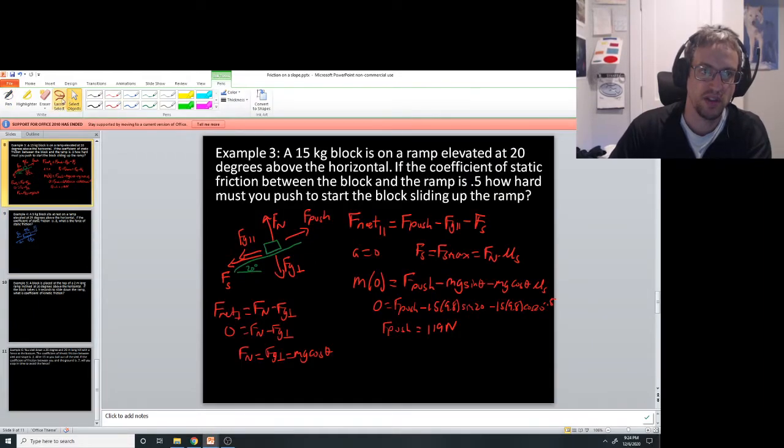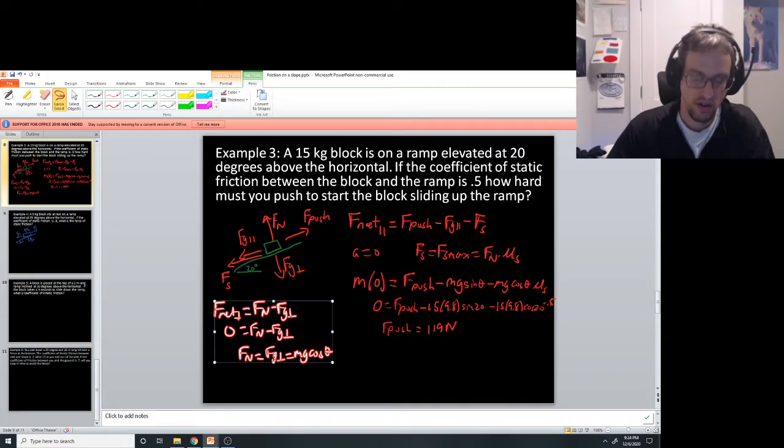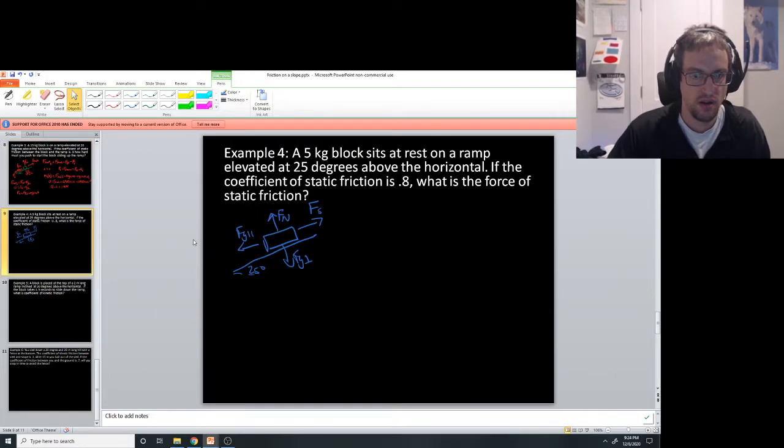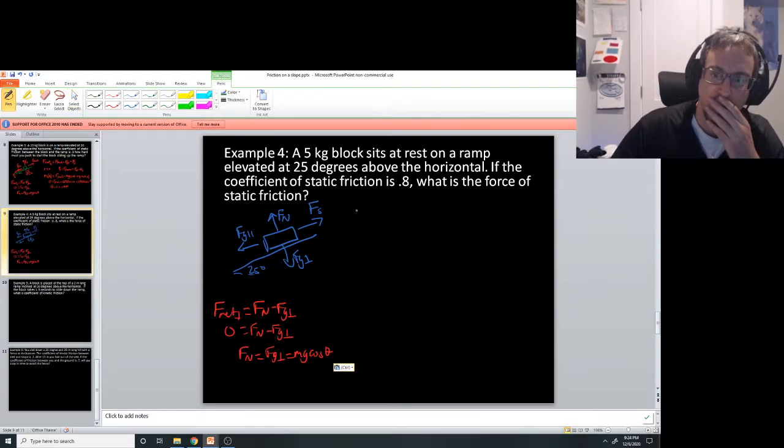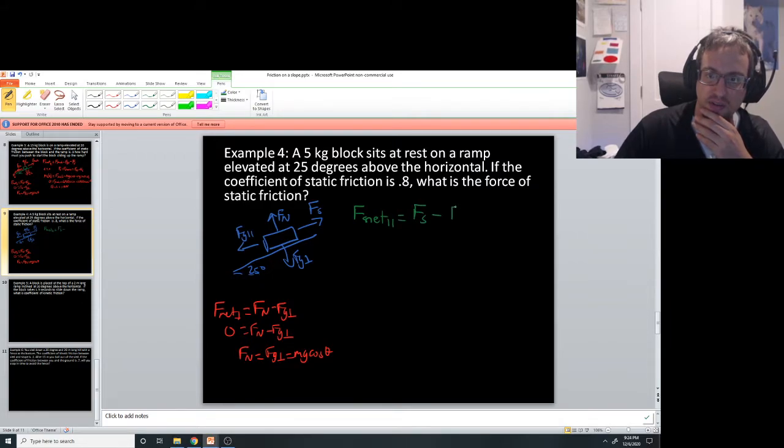Yeah, we could just copy this whole bit right here. So in the parallel direction we have F net parallel equals static friction minus FG parallel.